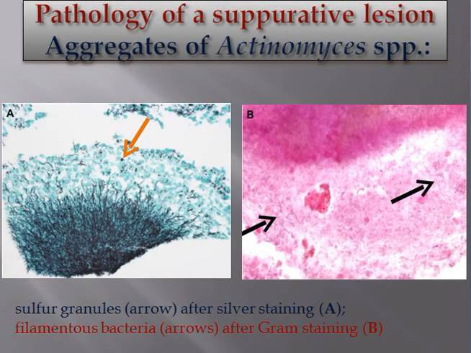Actinomycosis is an infrequent invasive bacterial disease that has been recognized for over a century. Actinomyces are filamentous gram-positive bacilli mainly belonging to the human commensal flora of the oropharynx, gastrointestinal tract, and urogenital tract.